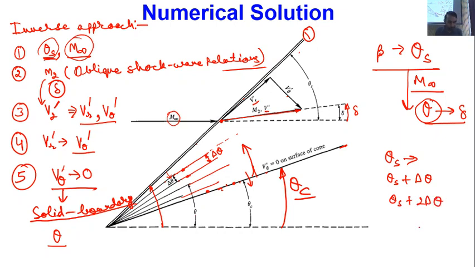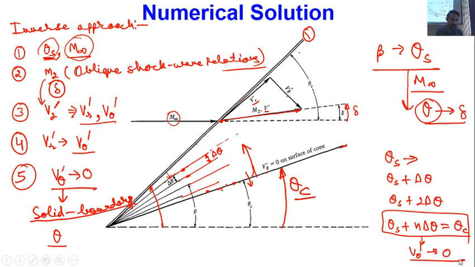This way I will keep on continuing till theta s plus n delta theta becomes equal to theta c. We will come to know this once my v theta dash has become equal to 0. Point is clear? That is the reason this is called the inverse approach. Any question till this point?